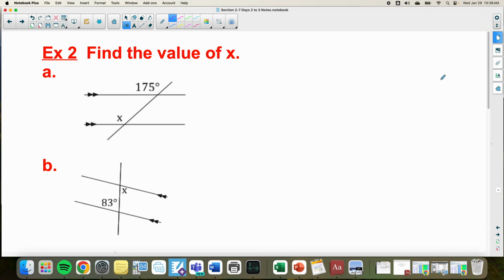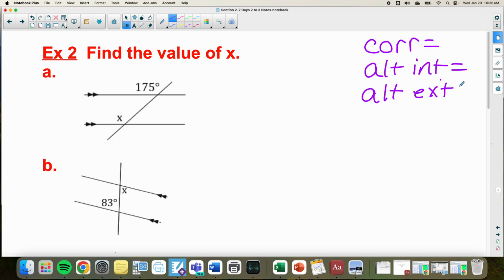So again, corresponding are equal. Alternate interior are equal. Alternate exterior are equal. And consecutive interior equal 180. Okay?